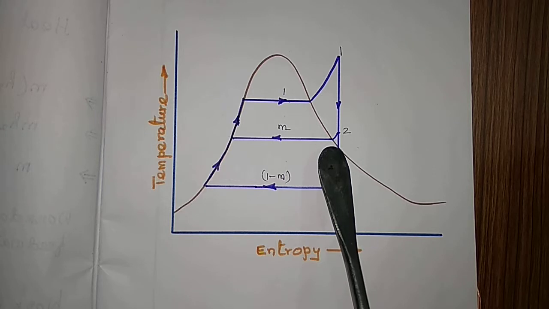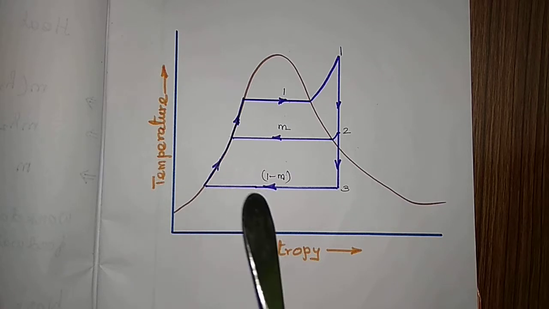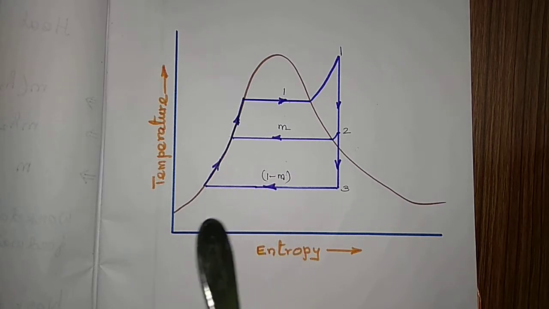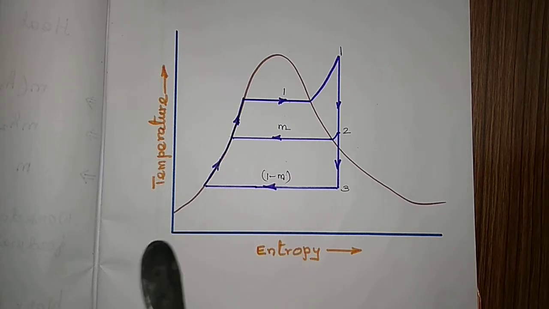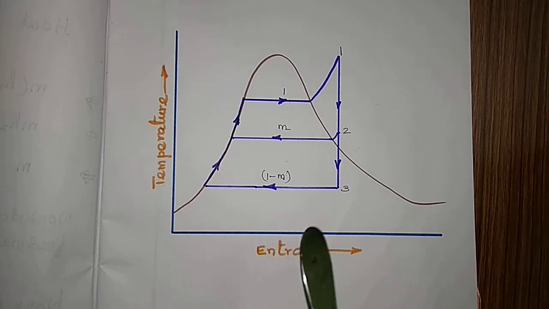Here steam is bled from only one place, but in an actual scenario you will find steam is bled at 5 to 6 places at different pressures. So you will have many feed water heaters. Here only one feed water heater is shown. Every feed water heater will operate at a different pressure.